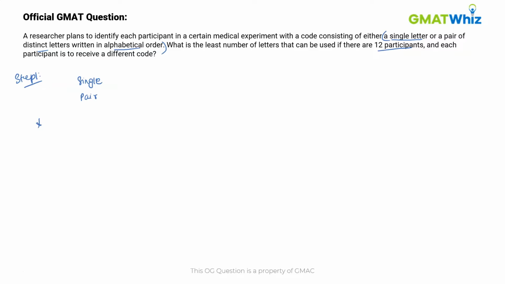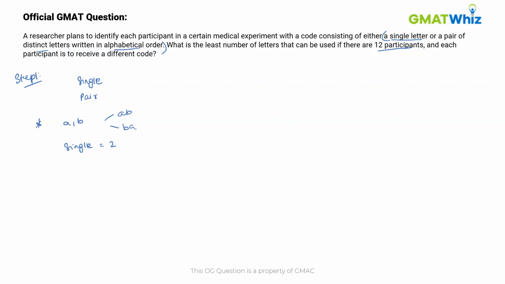So suppose the letters here are A and B. Now the total number of ways in which I can select a single letter will be equal to 2. So the number of ways in which I can select these letters individually will be equal to 2. Let's just write this here. And if I arrange this, this will be equal to AB or BA.